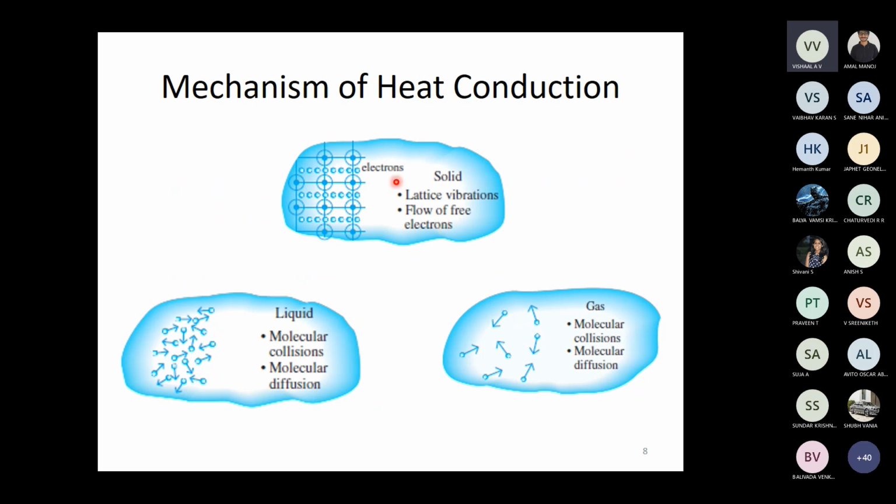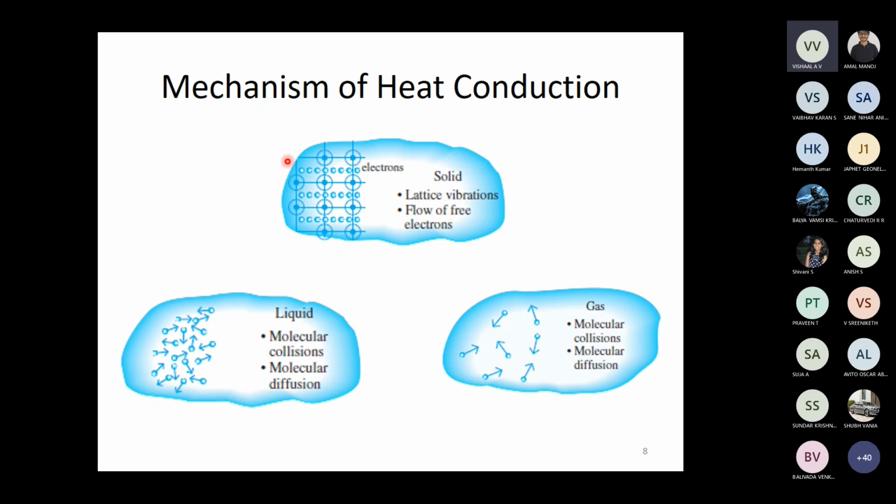You see here three different materials: solid, liquid, and gas. In solids, we can see a very orderly arrangement of molecules. The molecules vibrate, or lattice vibrations take place, because of the higher energy acquired, in this case because of a higher temperature.